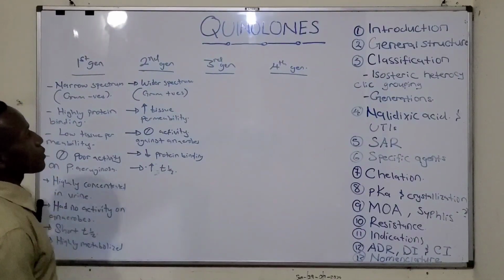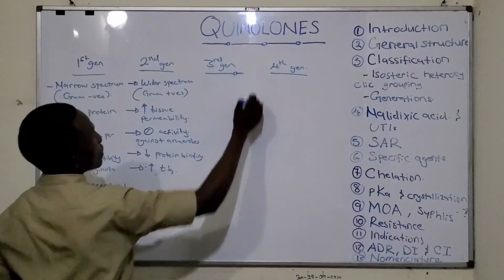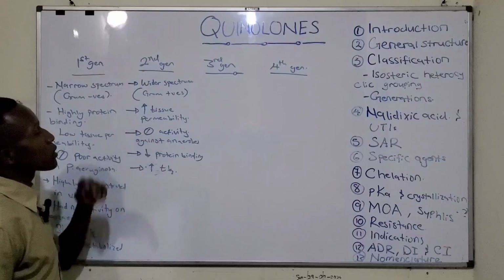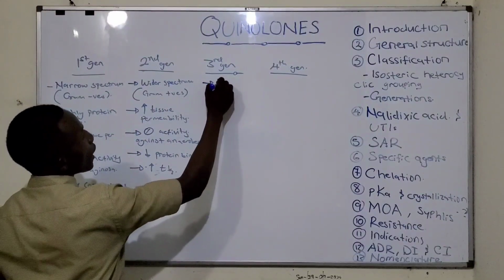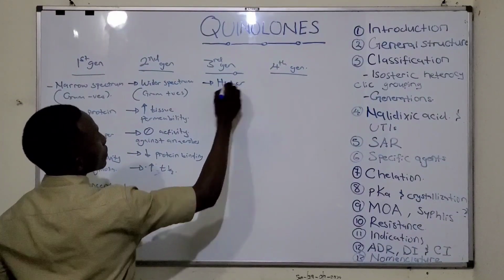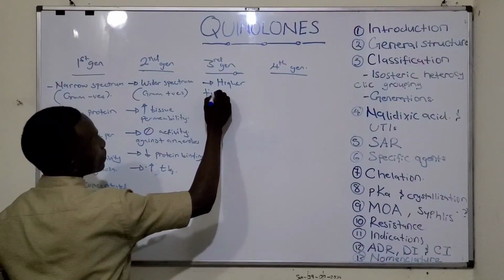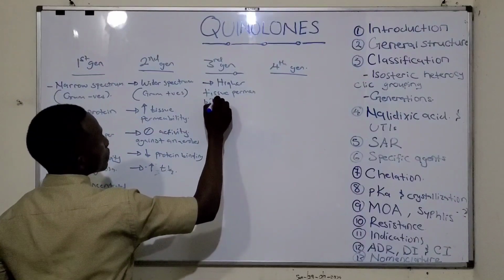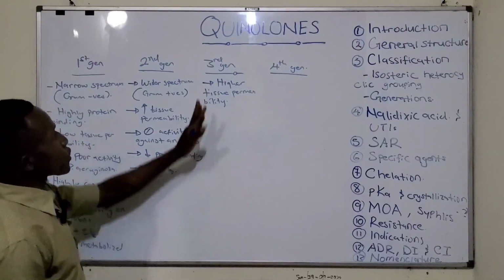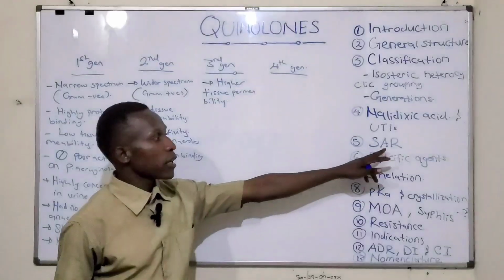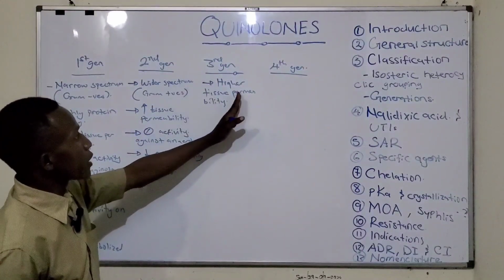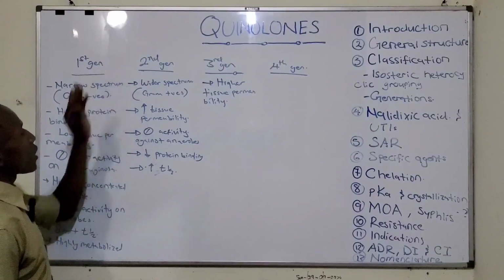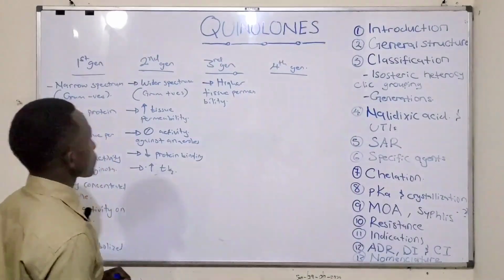For the third generation, the permeability was improved compared to the second generation. So they have higher tissue permeability. We are going to see all these at SAR. We see which groups were added in the third generation, which groups are there on the second generation, and which groups are in first generation.